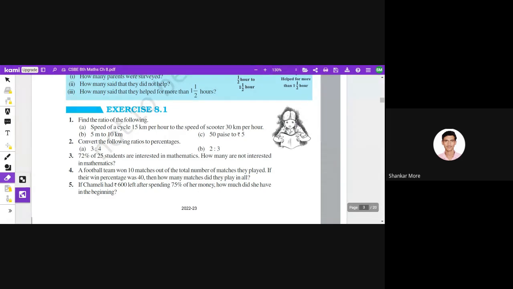Okay. The second one, B: 5 meter to 10 kilometers. What is going to be the ratio of that? What will be the answer for B? Will it be 1:2 for B as well, yes or no? What will it be for B, students? 5 meter to 10 kilometers.